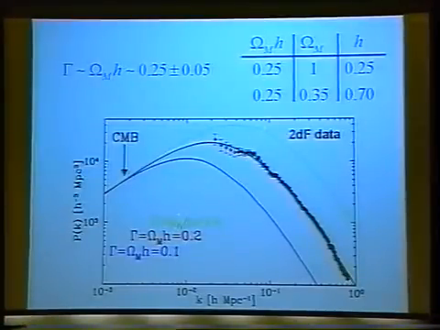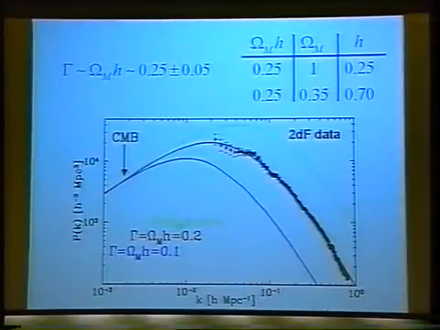This would be a model with omega in matter times h of 0.4, and this is a model with omega times h of 0.1. So the evidence from large-scale structure suggests that the product of omega in matter times h is 0.25 plus or minus 0.05.